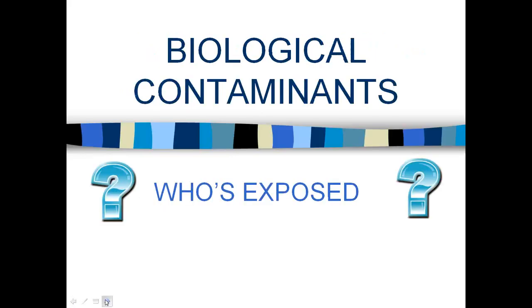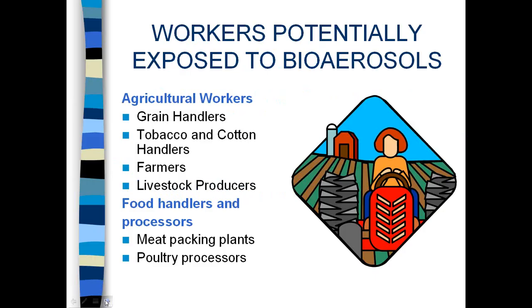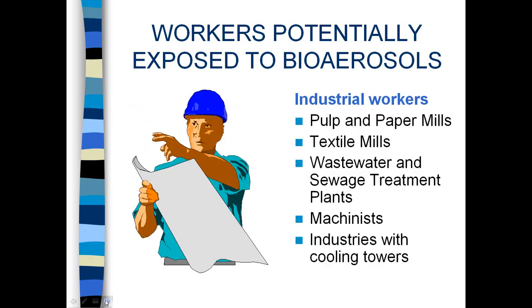So let's now look at who are the workers who could be exposed to biological contaminants. In general, workers potentially exposed to bioaerosols are those who come in contact with plants or animals in their job, including agricultural workers and food handlers and processors.